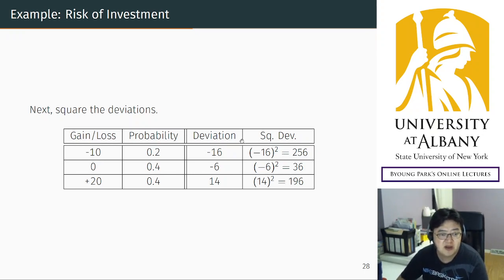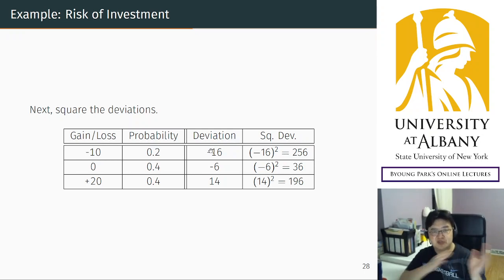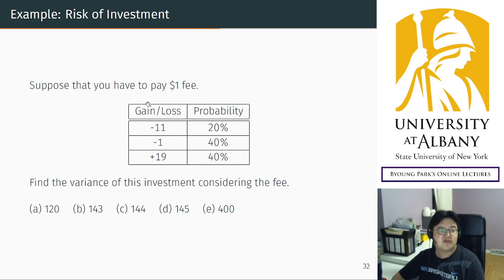Deviations are the same. The reason why the deviations are the same in the original example and in the variation is because the only difference is we paid $1. We deducted $1 from every outcome.